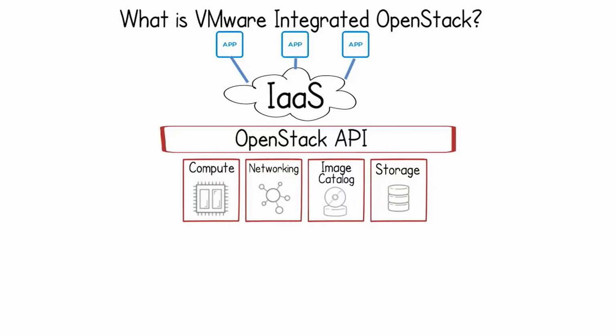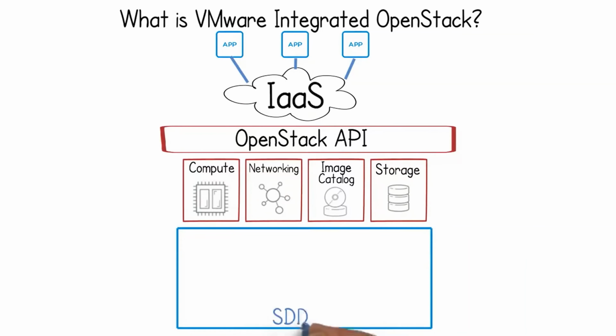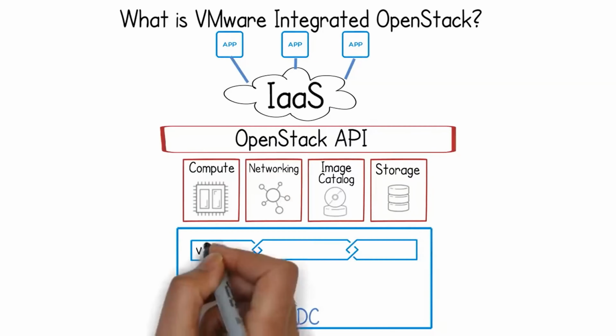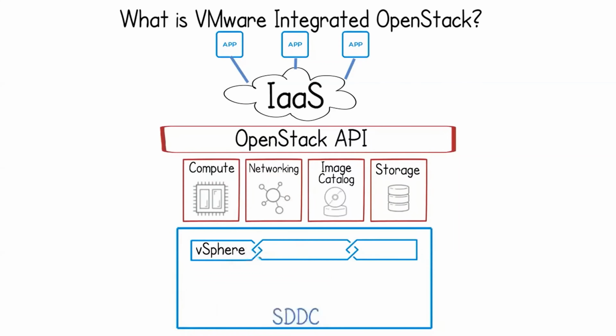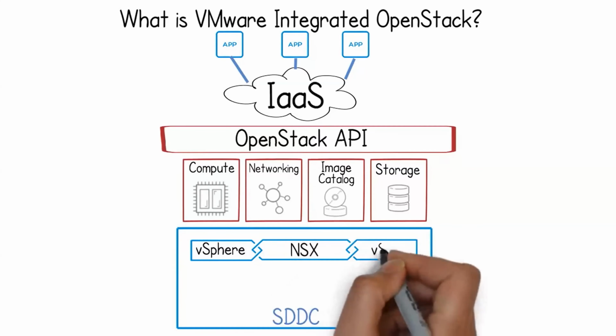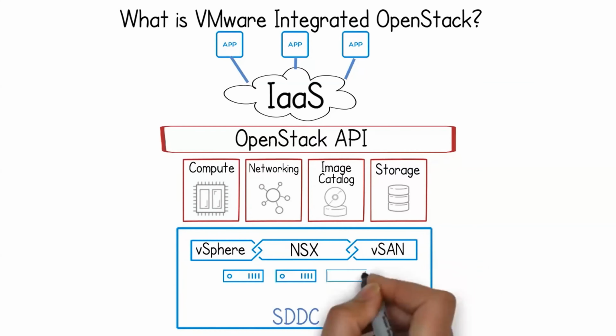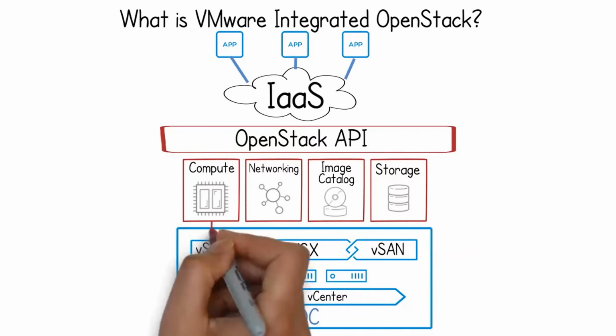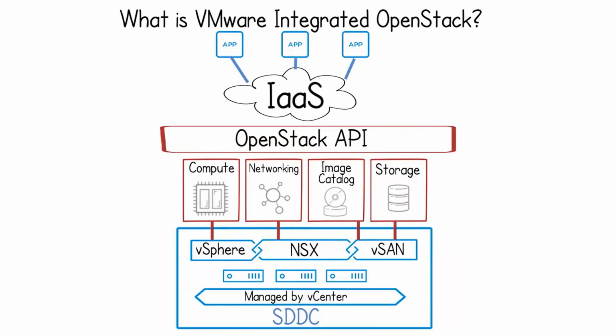OpenStack itself does not provide the virtual infrastructure or a majority of cloud management functionality, such as monitoring, troubleshooting, policies, and governance. In VMware Integrated OpenStack, VMware Software-Defined Data Center, or SDDC technology, provides the infrastructure. Familiar tools like vSphere, NSX, vSAN, and vCenter interoperate seamlessly with OpenStack, making it easier for IT groups to run a production-grade OpenStack-based deployment on top of their existing VMware infrastructure.